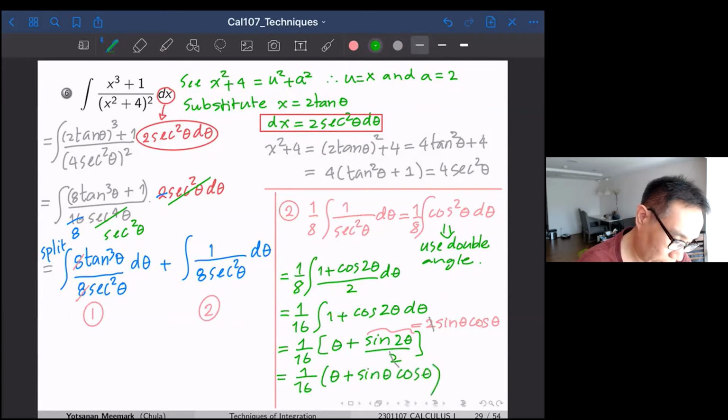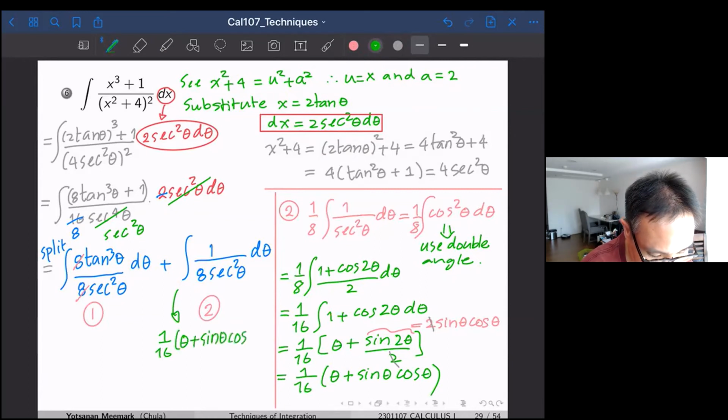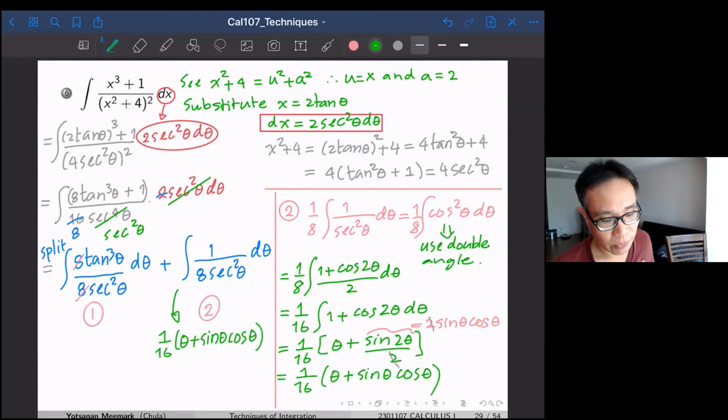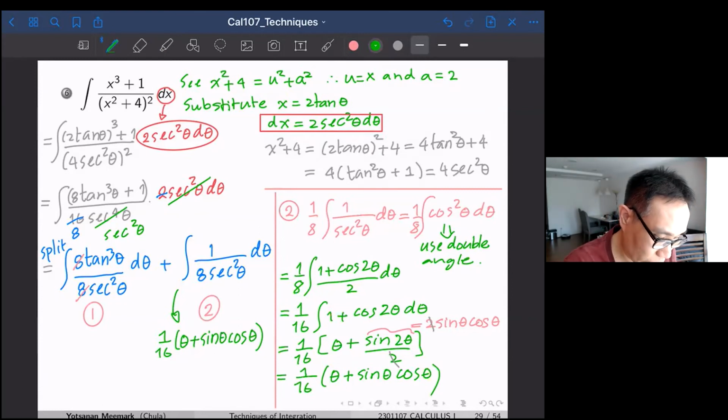So that's my number 2: 1/16 theta plus sine theta cos theta, ready for changing into x.